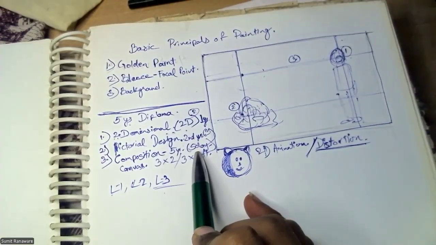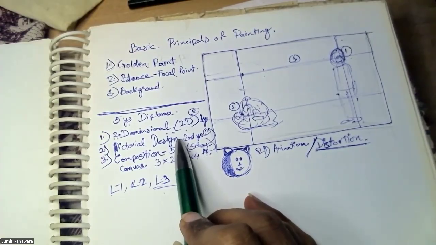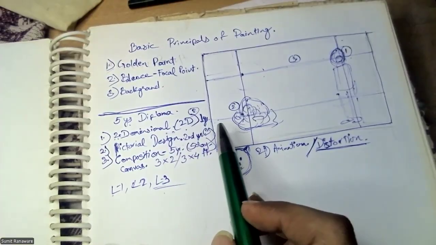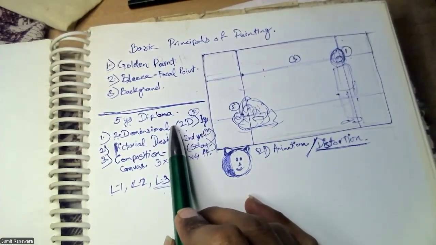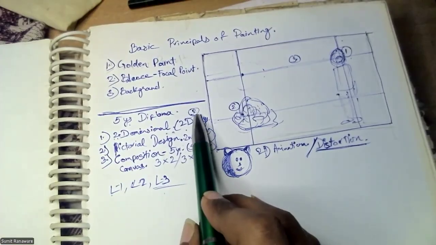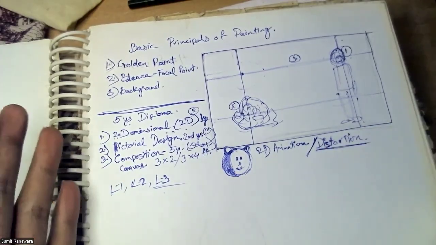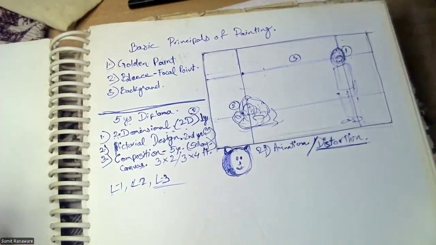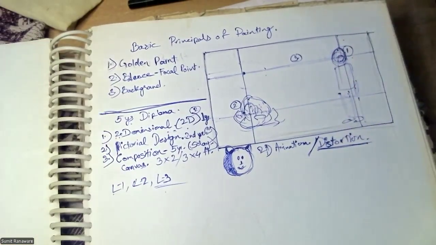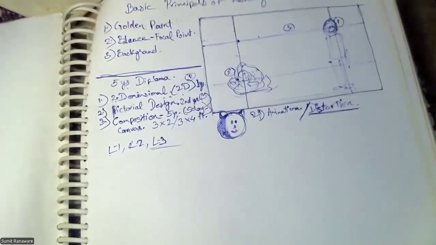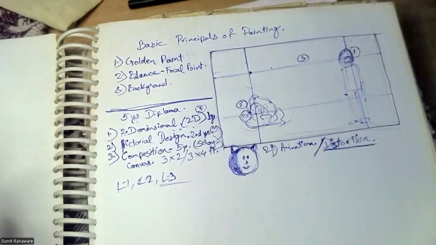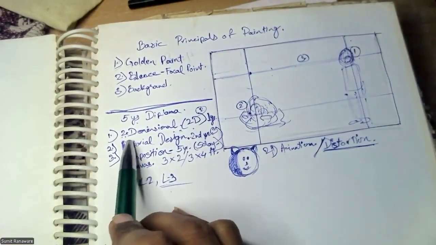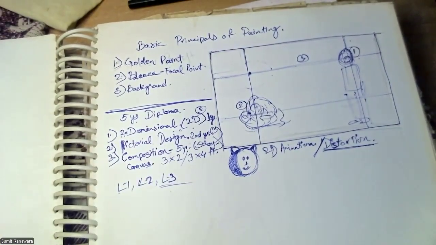It is given 5 days to paint. Pictorial design is given almost 3 days to complete, and the compose 2D is given like 2 days to complete. 2D is painted on A4 size, like this, a normal sketch paper. Okay, A4 size. So in this size, we are asked to paint the 2D.